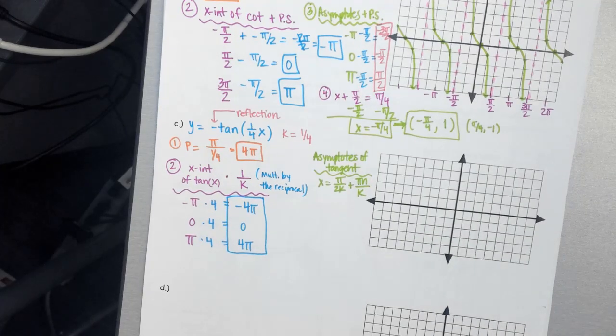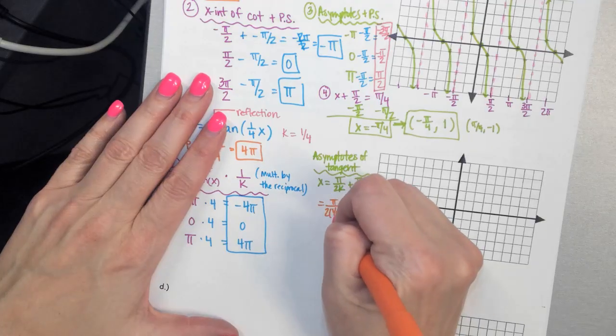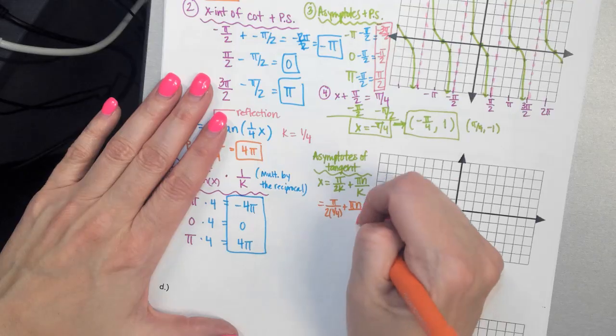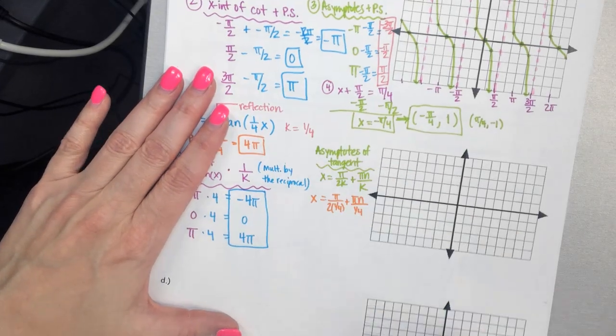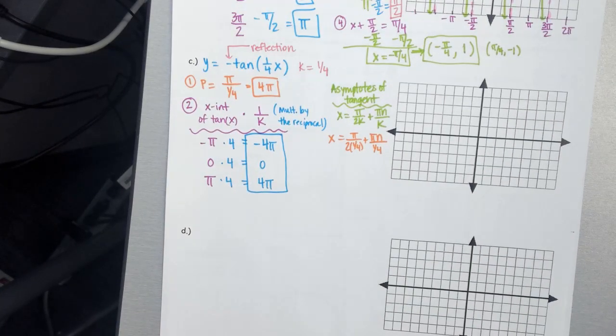So when you plug in k, you're going to create an equation that you can plug in values of n. Okay, so you're going to find your equation and then you're going to plug in your values of n into that equation.